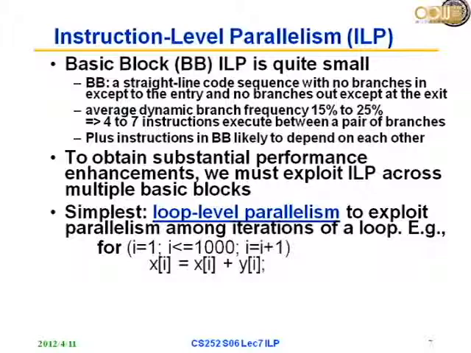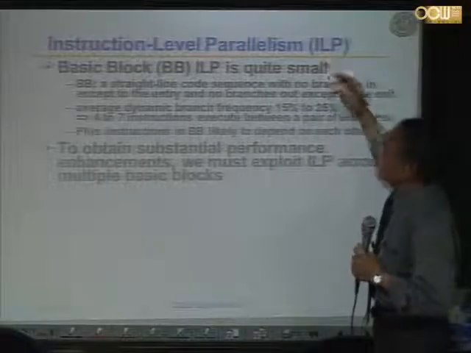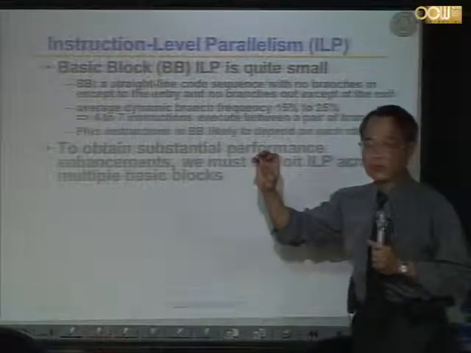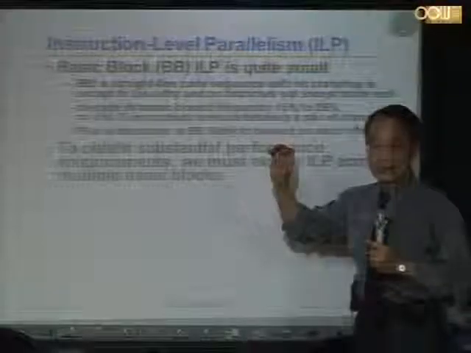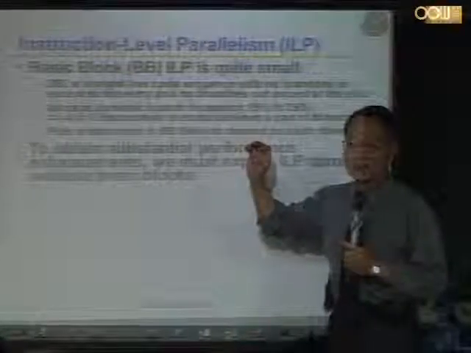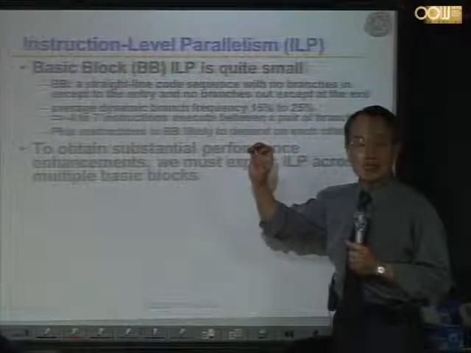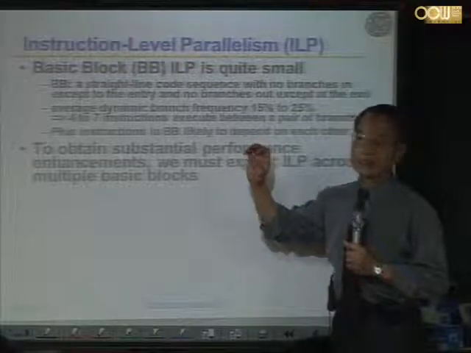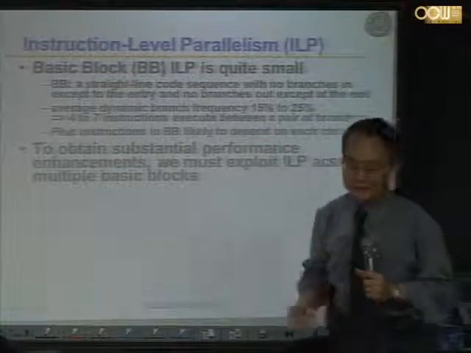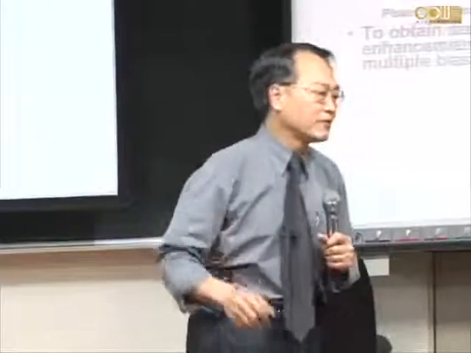In order to talk about this, I need to ask you one question beforehand. Is it easy to exploit ILP within a basic block? Tell me if it is easy. Not easy? Tell me why it's difficult. Okay, let me give you the answer.